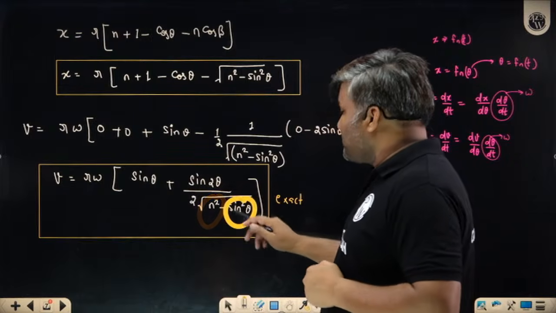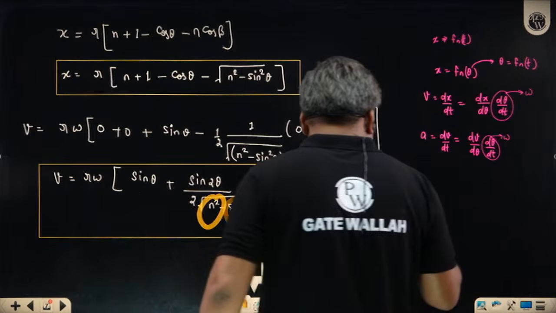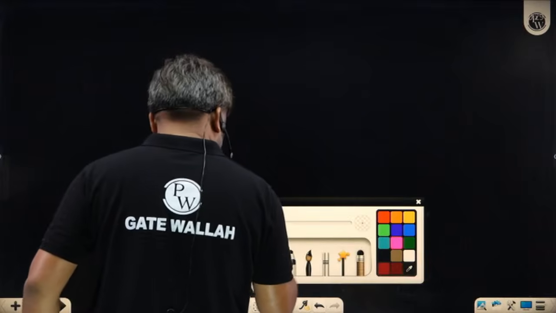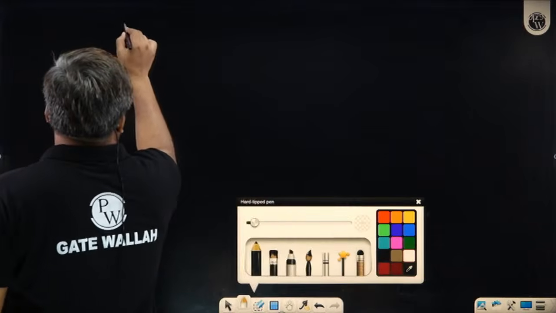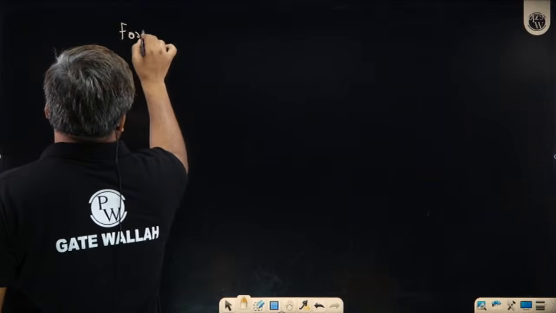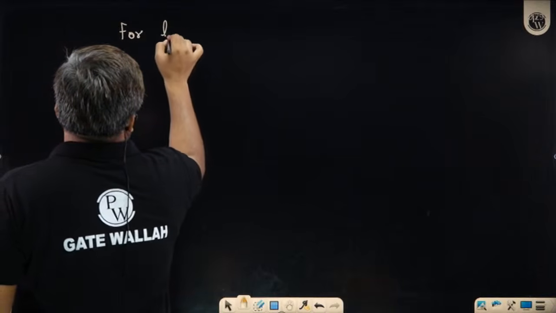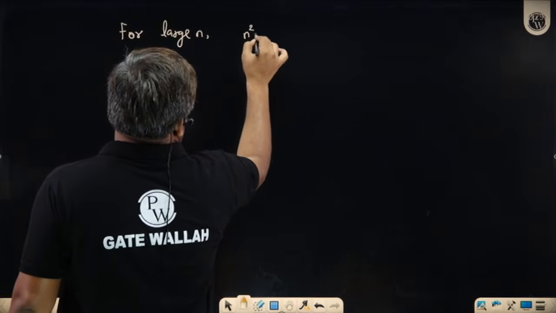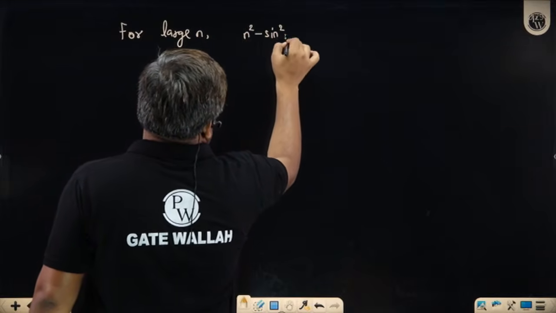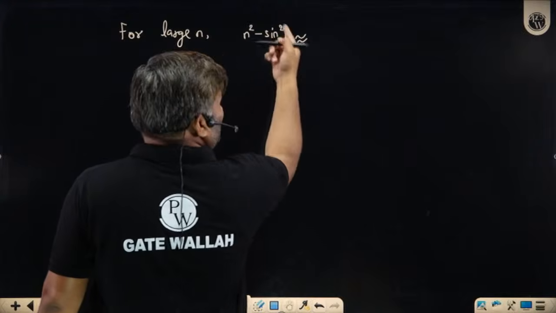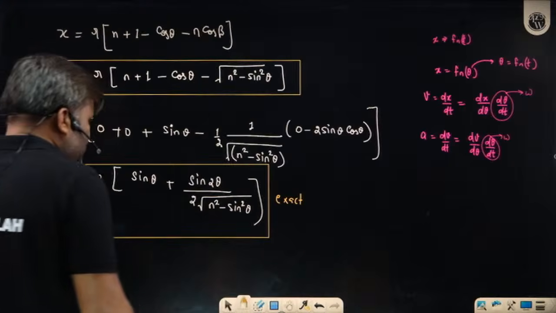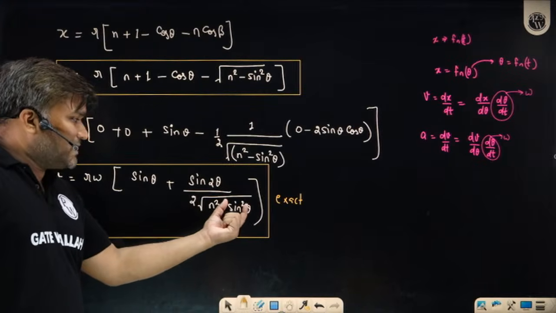So can I write, for large values of n, this n square minus sin square theta is approximately equal to n square, ignoring sin square theta?